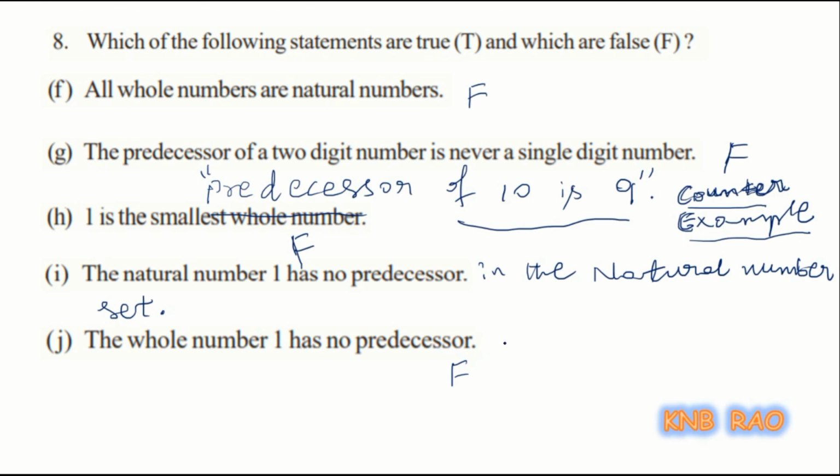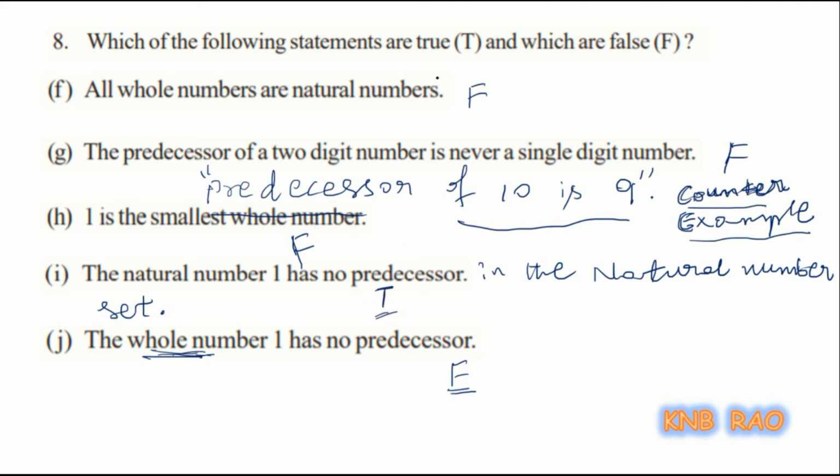That means it is false. 0 is there in the whole number set, which is the predecessor of 1. Anyway, presuming that he is saying whole numbers, he is asking us to take the whole number set. So this is a false statement and the above statement is a true statement.